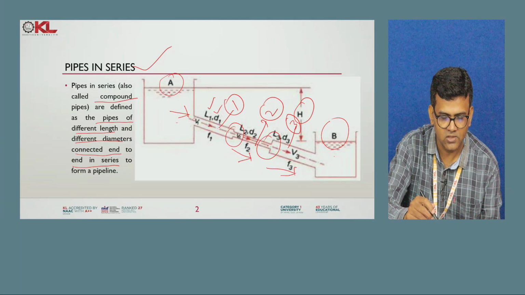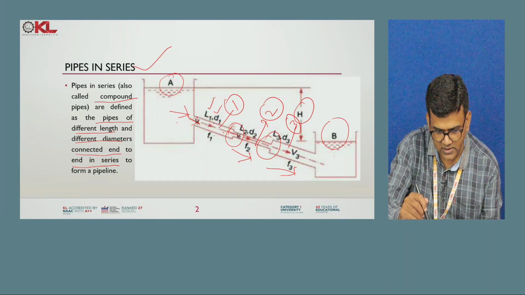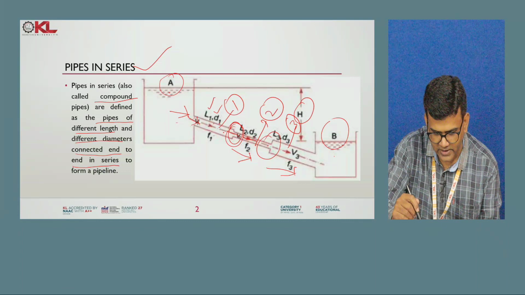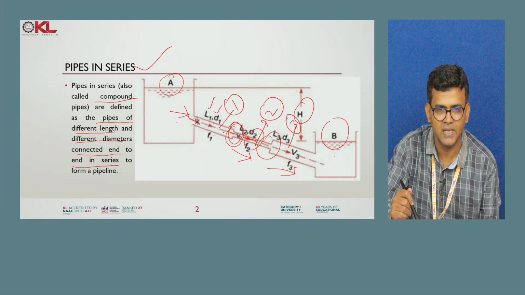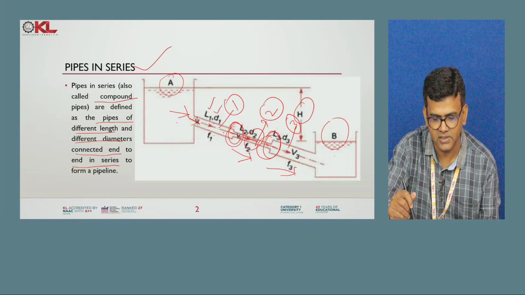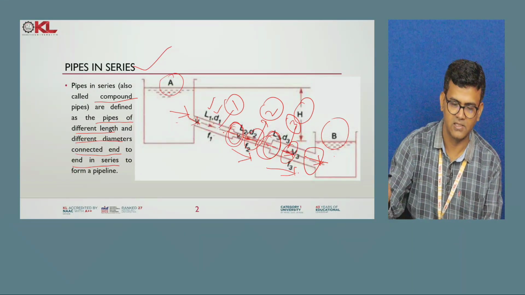So here the head loss at the entrance will be there, then because of friction a head loss will be there, then here due to sudden contraction head loss is there, then here due to friction in the pipe, then here sudden expansion head loss will be there, here in pipe 3 due to friction in the pipe, and here at the exit loss of head is there.